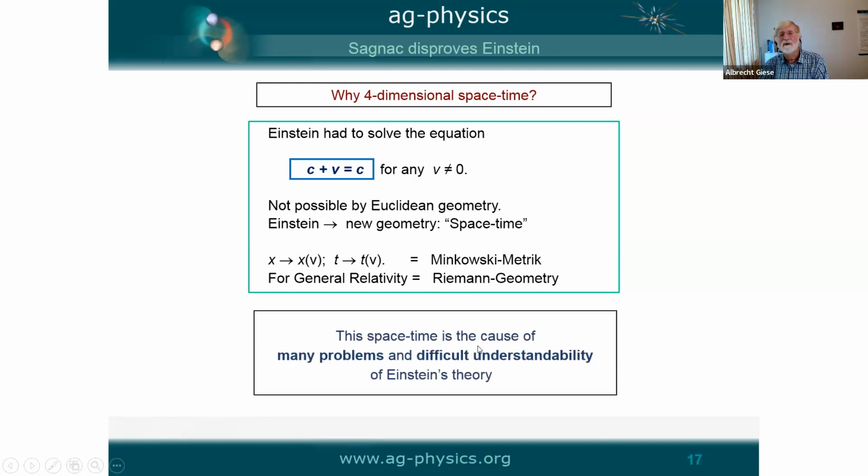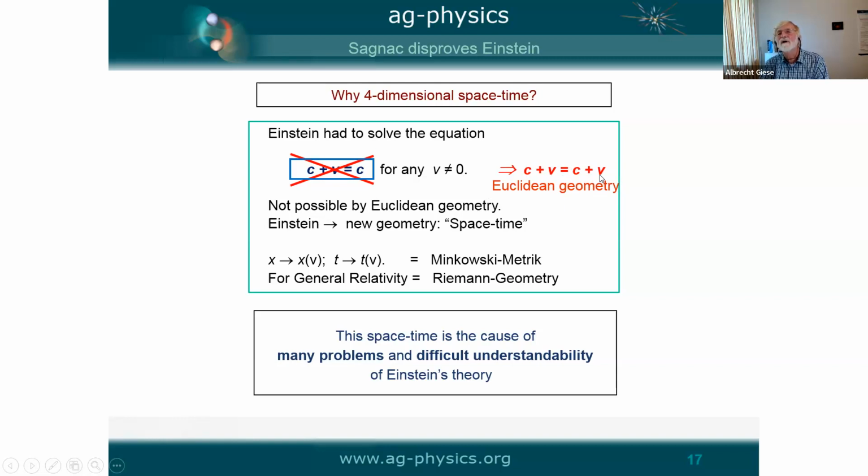This space-time is a cause, as we know if we have learned it, of many problems and of the difficult understanding of Einstein's theory. And when we do it with Lorentz, we can add speeds in the normal, Euclidean way. Of course, now we have to take into account that these single speeds are normally measured in a different frame than the result of the sum.